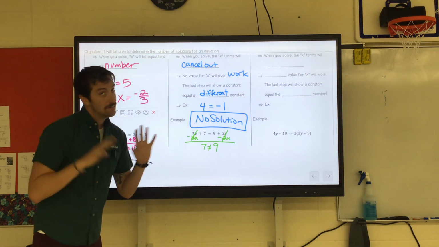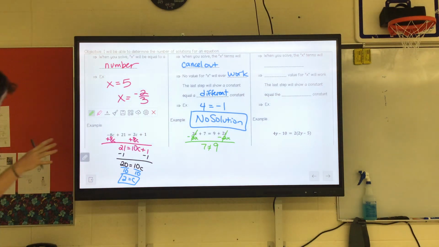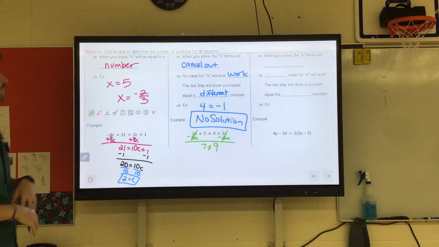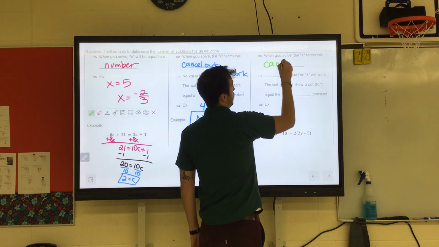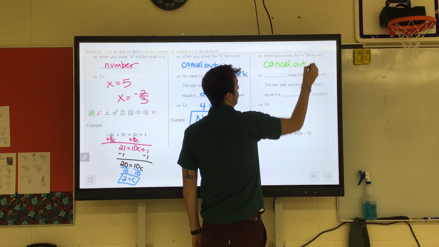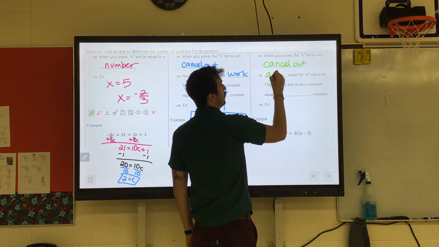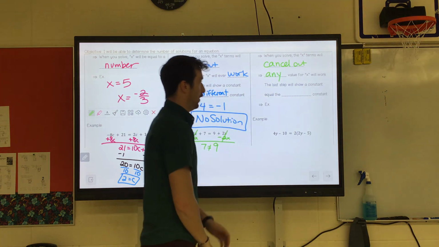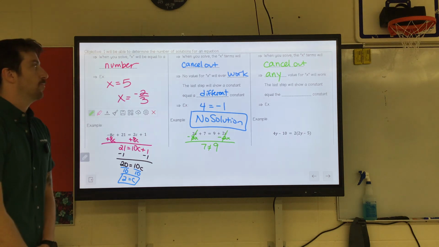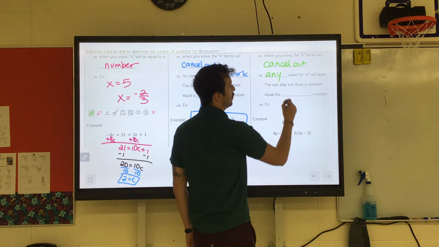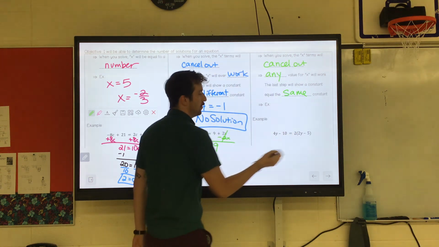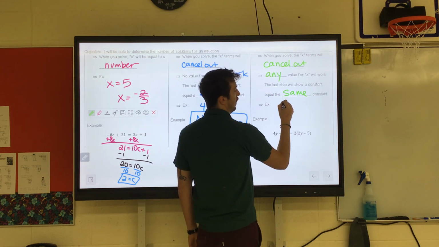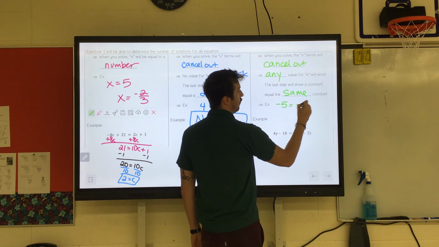Now, there is another strange one. So, this one is kind of similar. You solve, and the x's cancel out. But this one's different because any value for x will work. The last step will show a constant equal to the same constant. So again, all the x's will cancel out, and you'll be left with something like negative 5 equals negative 5.